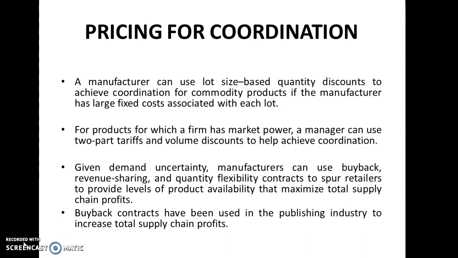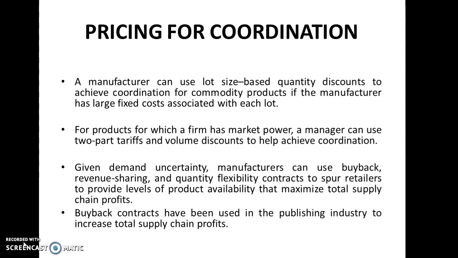Given demand uncertainty, manufacturers can use buyback, revenue sharing, and quantity flexibility contracts to spur retailers to provide levels of product availability that maximize total supply chain profits. That means based on the demand, manufacturers can choose the different types of contracts which you have discussed already: buyback, revenue sharing, and quantity flexibility contracts.